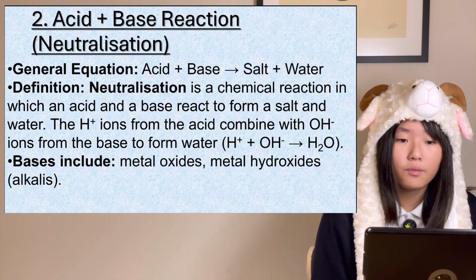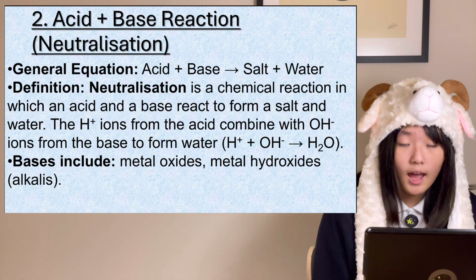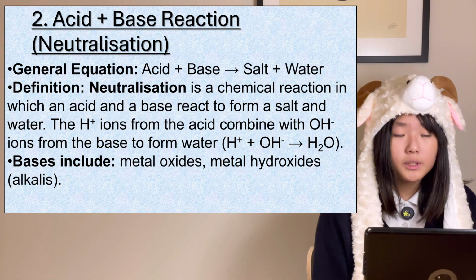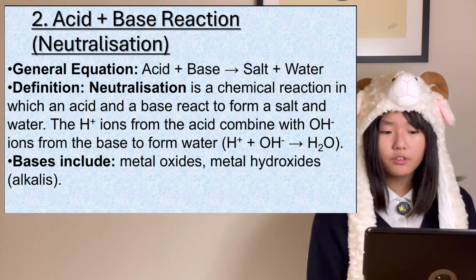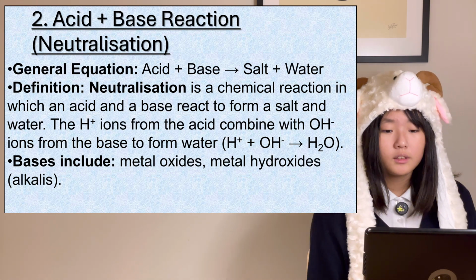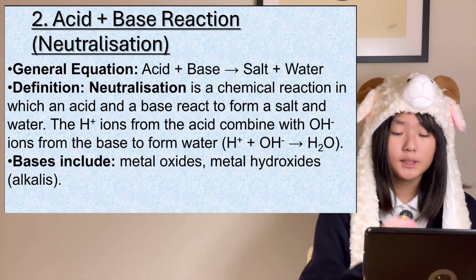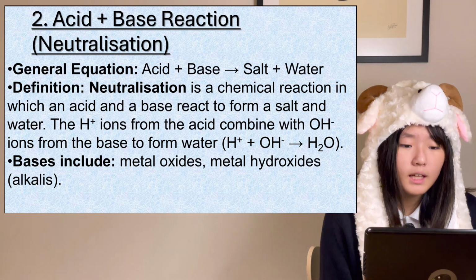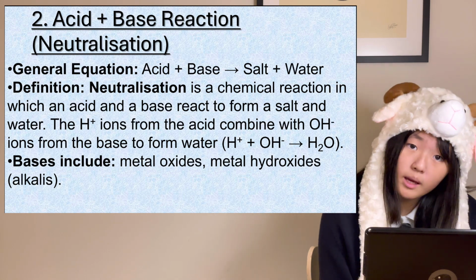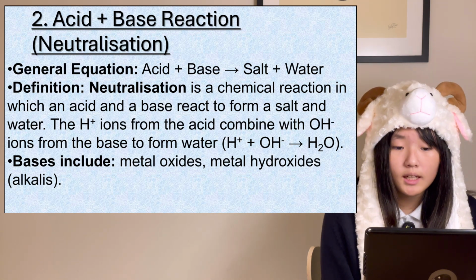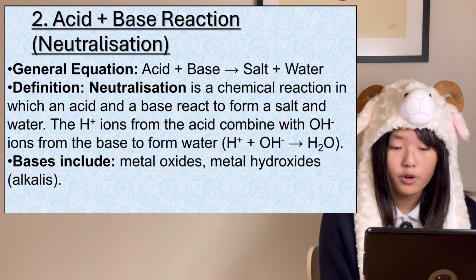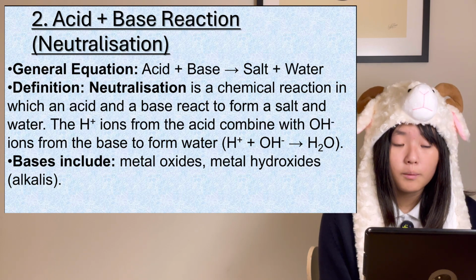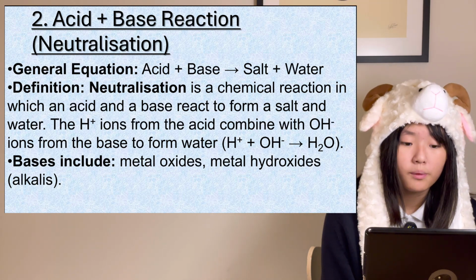The second type of reaction is an acid and a base, which is called neutralization. The general equation for this is the acid plus the base becomes the salt plus water. The definition is neutralization is a chemical reaction in which an acid and a base react to form a salt and water, and the product should be neutral.